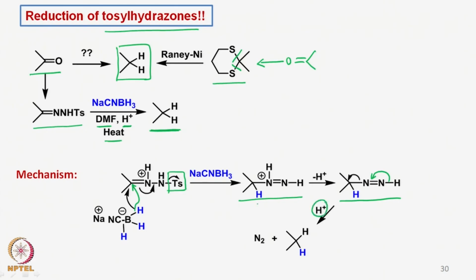So the blue hydrogen is coming from the sodium cyanoborohydride, and once that allows the formation of this protic species, this can rearrange by the loss of nitrogen, and the proton is coming at this stage. This is how the reaction occurs.